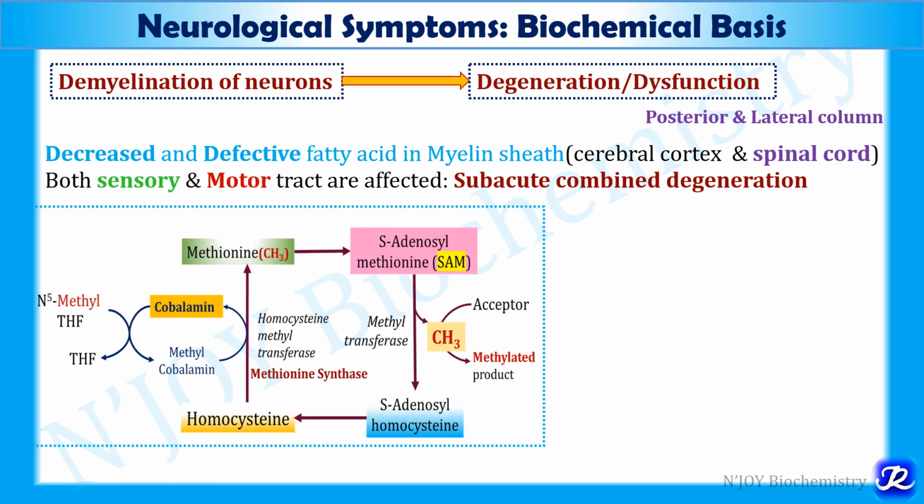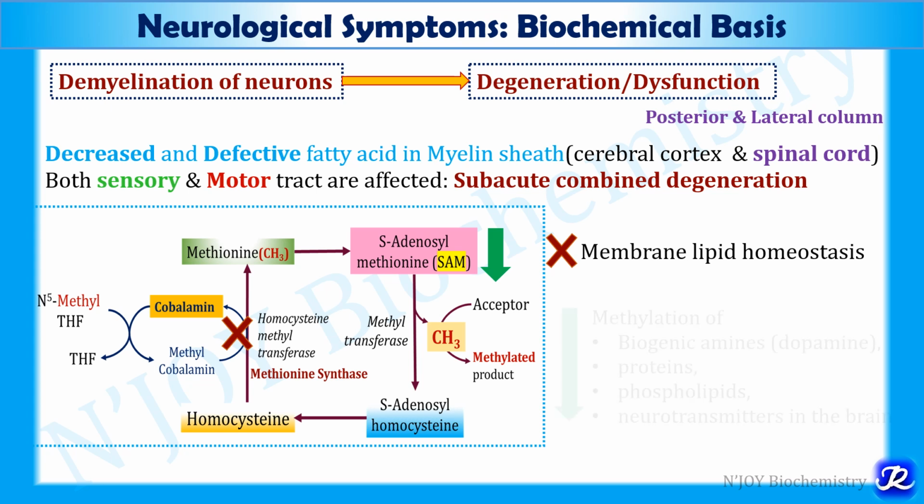Now we know that S-adenosyl methionine is the active methyl donor, and this methylation is responsible for myelination. So for formation of this S-adenosyl methionine, vitamin B12 is required, because homocysteine is converted to methionine with the help of this vitamin B12, and if it is deficient, then S-adenosyl methionine cannot be formed, which is required for methylation, and this results in decreased concentration of S-adenosyl methionine, and that's why membrane lipid homeostasis is altered.